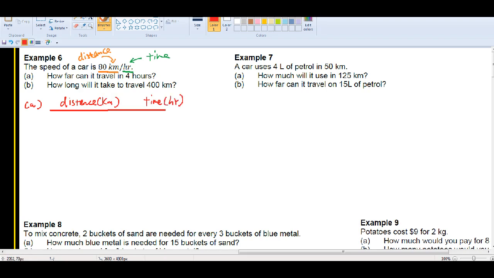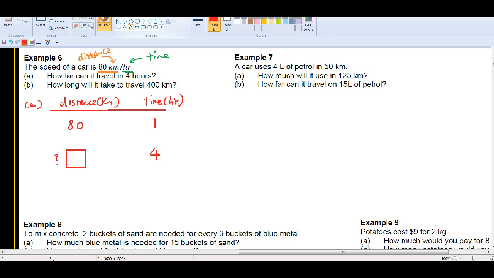So from the question, 80 km per hour, that means in 1 hour you travel 80 kilometers. All right, so how far can you travel in 4 hours? So given 4, you need to find how far, so that means you need to find distance, right? So that's the box you are going to find.